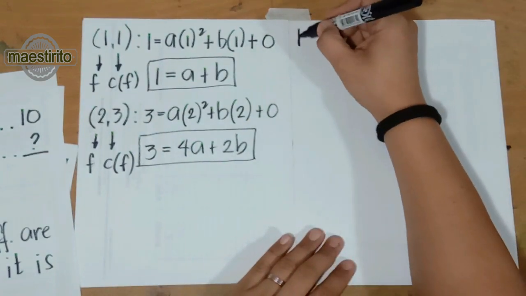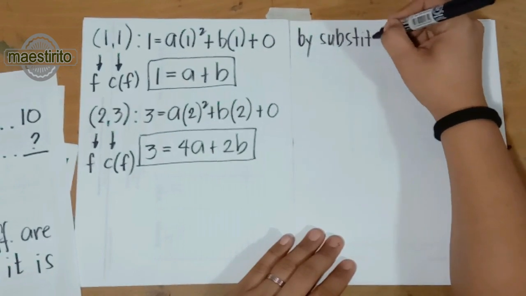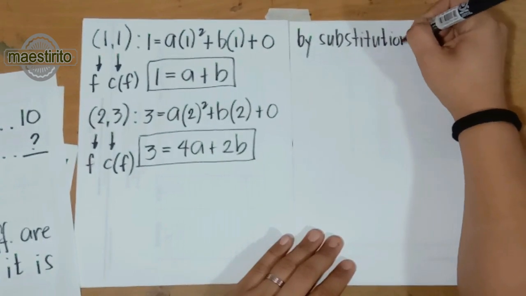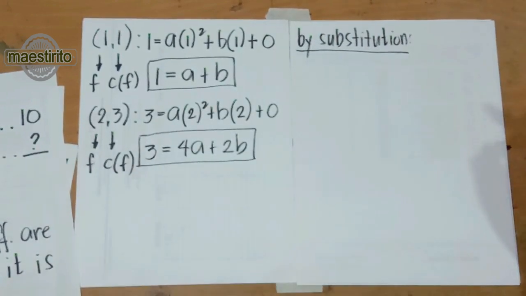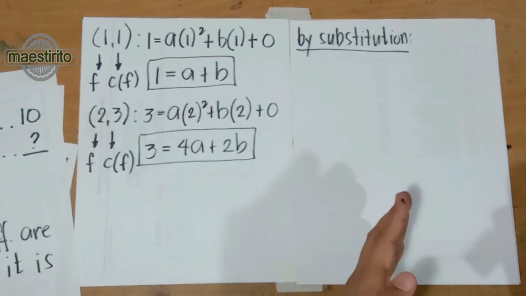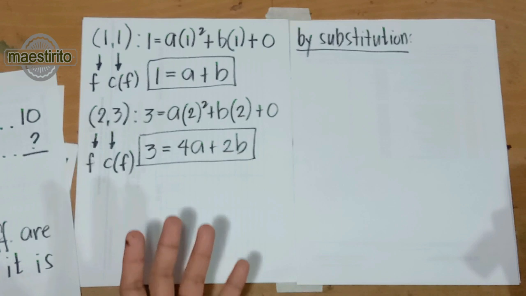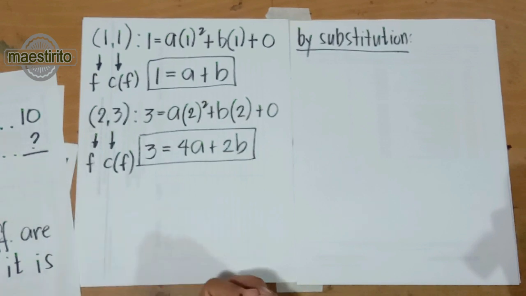So by substitution. Okay, don't worry. Just like what I have promised to you, I will give you shortcuts for this one. But you have to be patiently waiting for those shortcuts, okay? Because it is more important for me to go through these processes so that once you already do the shortcuts, then I am already confident that you know already what's going on.